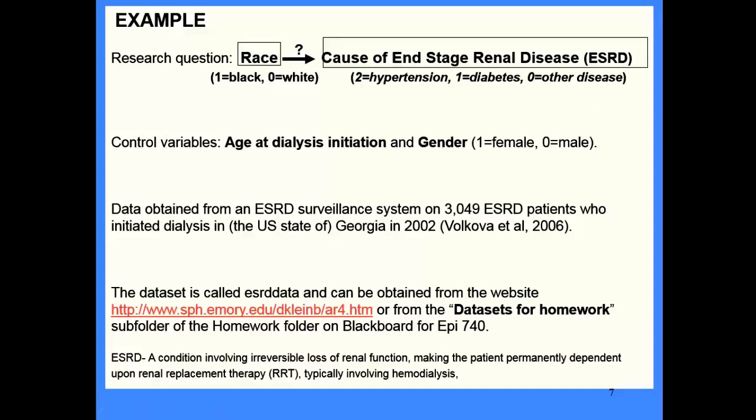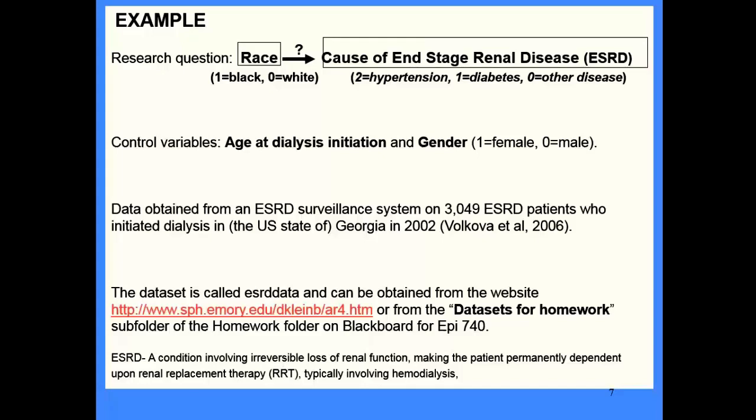Now, I've labeled hypertension 2, diabetes 1, and other disease 0. But if you look at those three numbers, 2, 1, and 0, does that really describe an ordering? Is hypertension sort of higher than diabetes? Is it more serious than diabetes? It's just a different disease.